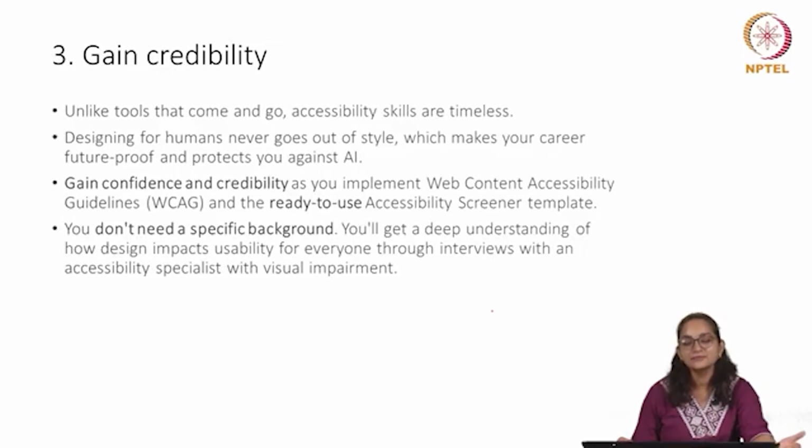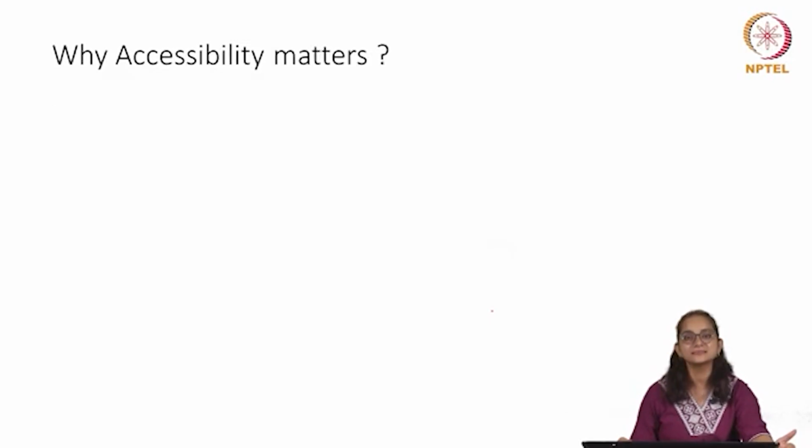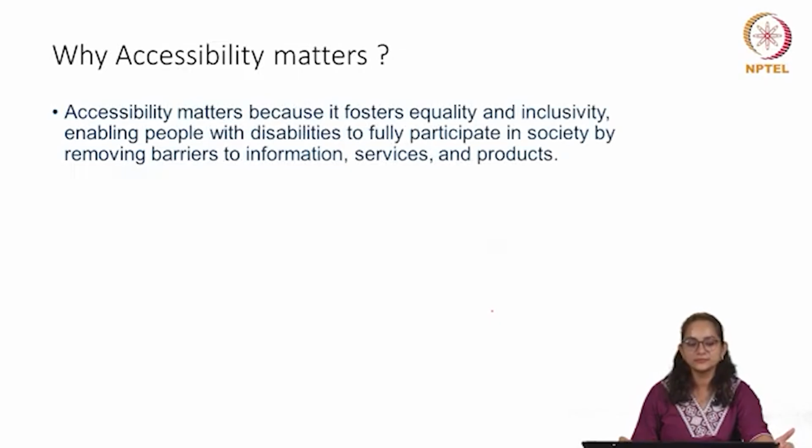So the idea is that we are aiming to create products which have improved usability for everyone. We will now try to understand the key reasons that make accessibility so important. It matters because it fosters equality and inclusivity.